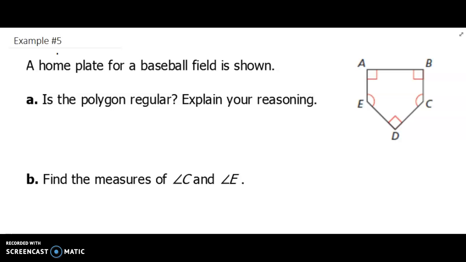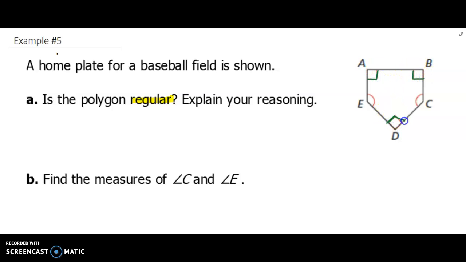So A says, is the polygon regular? Explain your reasoning. Well, if you don't know what a regular polygon is, you can't answer this with any success. So remember, going back to our definitions, a regular polygon has all equal side lengths and all equal angle measures. We don't know if the side lengths are equal or not, but we can tell that the angle measures are not.